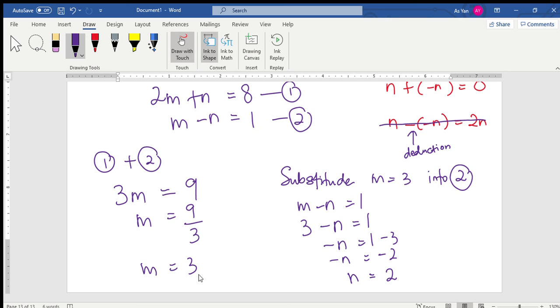So finally we get m equals 3 and n equals 2. That's all for our class today.